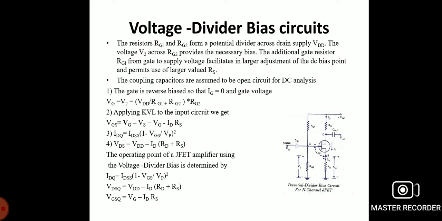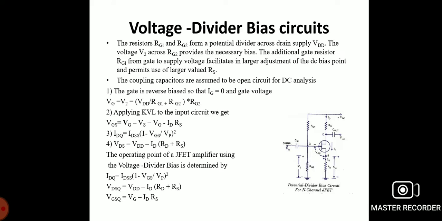In this voltage divider bias, we have to see the potential divider bias circuit of the N-channel JFET circuit diagram. Here the gate resistance 1 and gate resistance 2 form a potential divider across the drain supply VDD.